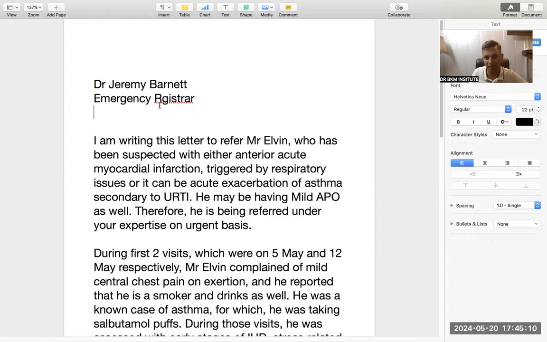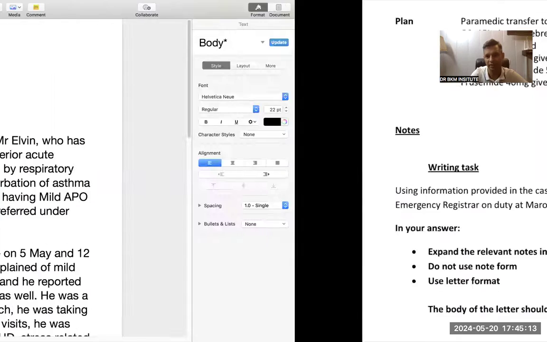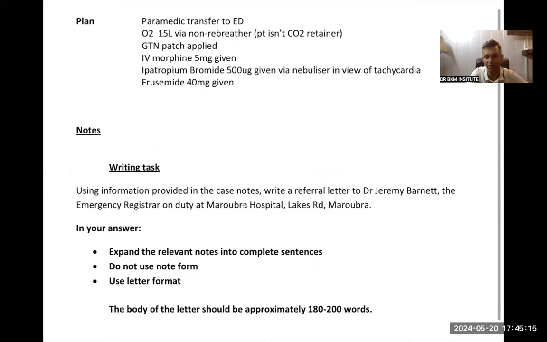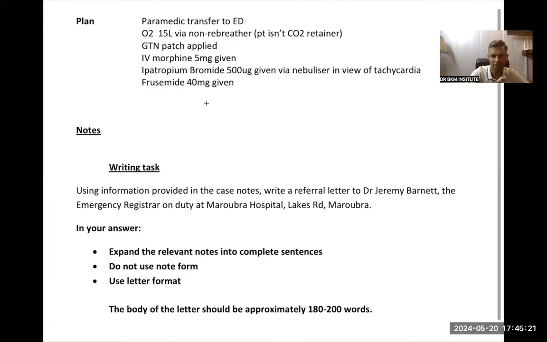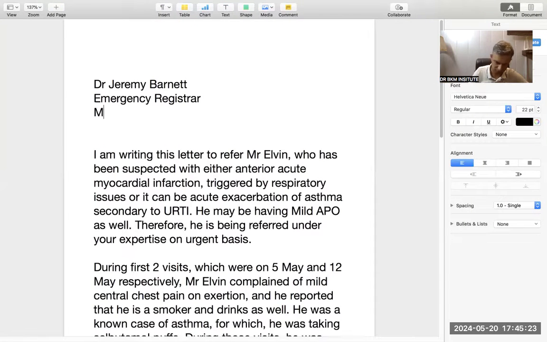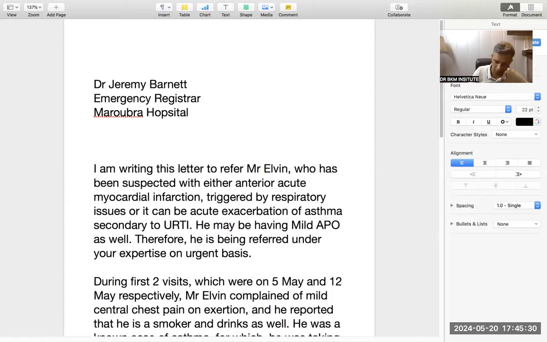Spelling again should be correct. I'm just doing it for you guys again. Marlborough Hospital, Lakes Road, Marlborough. Lake Road.